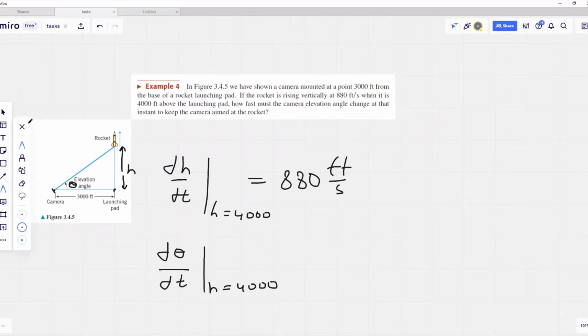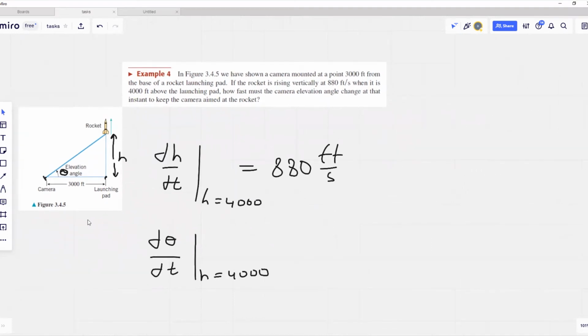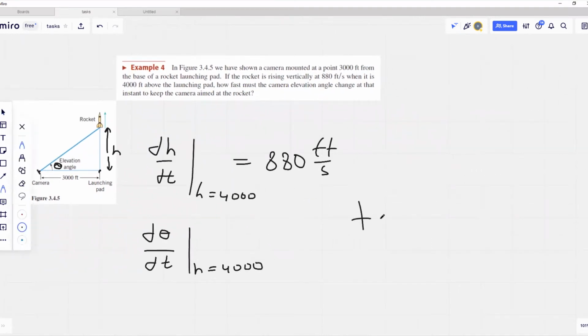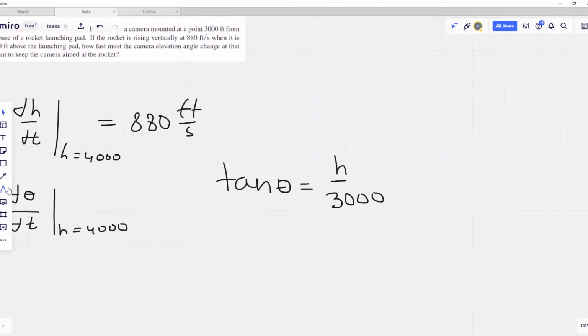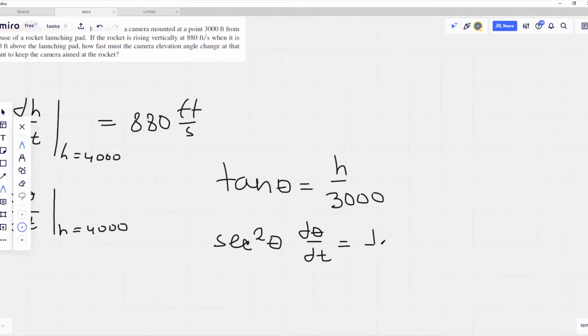Okay, now let's write down an equation for the tangent of theta. Tangent of theta is equal to h over 3,000. Now, taking the derivative from both sides with respect to time, we end up with secant squared theta times d theta over dt equal to 1 over 3,000 times dh over dt.